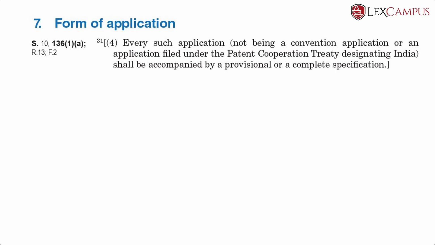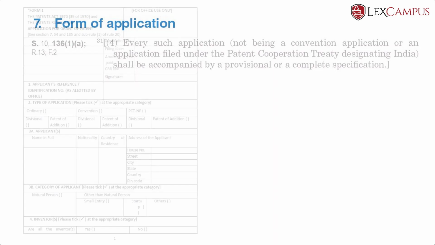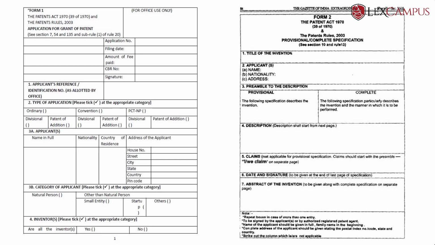7.4 talks about what should accompany an application when a patent is filed. So the rule in patent law is that Form 1 has to be filed along with Form 2. Form 1 is the form that is used for making an application for grant of a patent, and Form 2 is the form that is used for a provisional or a complete specification. Patent specification is the document that encompasses or describes the invention.